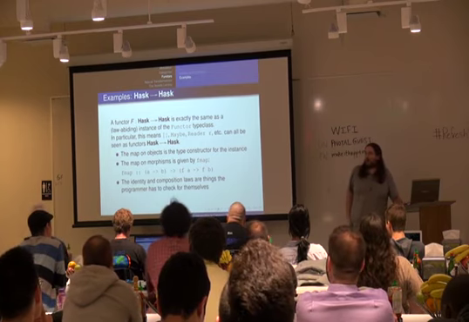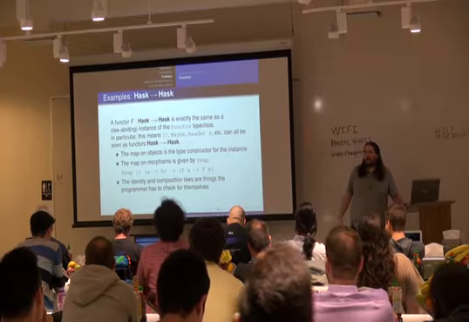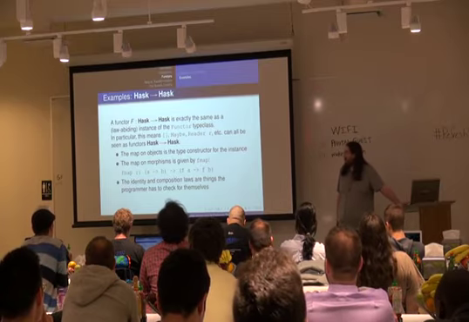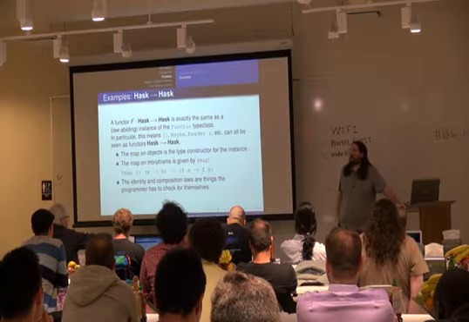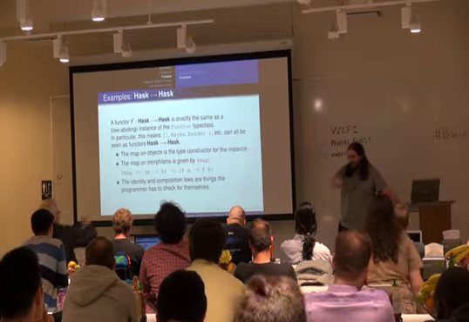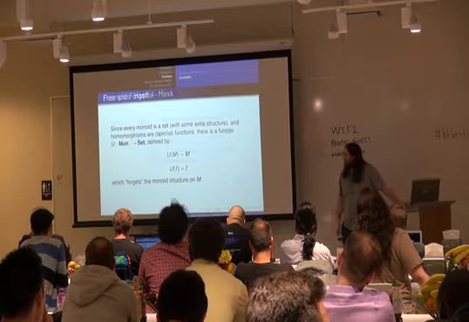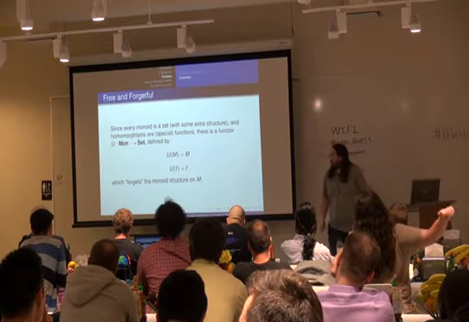Checking that the identity and composition laws hold is an exercise for the programmer. If you're defining a new functor, you need to make sure that if you take identity, it turns into identity, and if you take a composite, it turns into a composite.